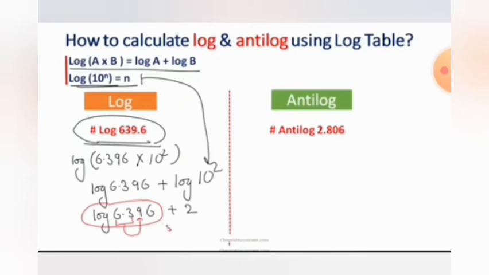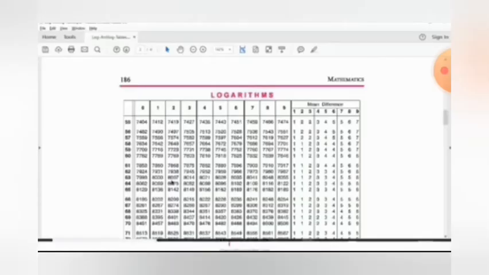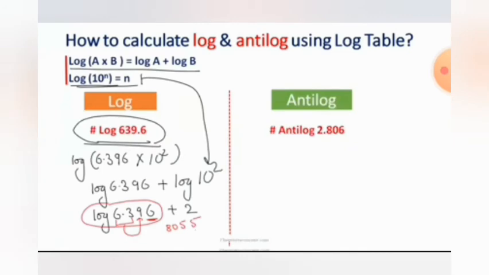The value corresponding to 63 in the 9's column is 8055. So 63 in the logarithm column gives 8055.